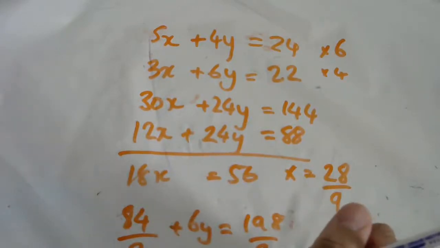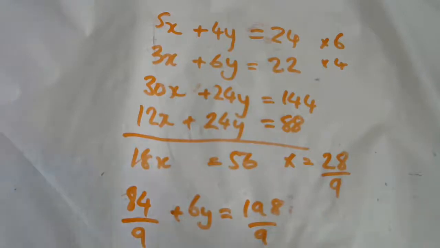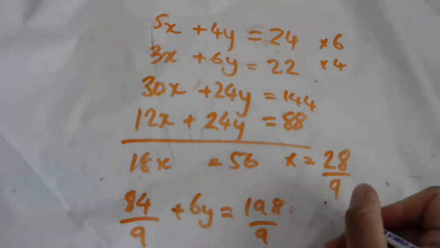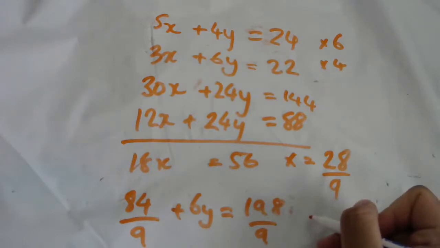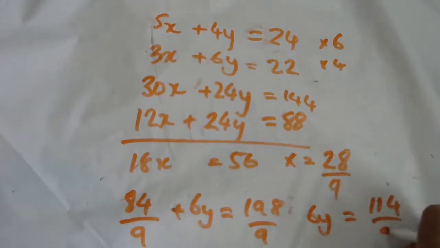So put it on the other side. I'll move this down so you can see it a little bit better. You've got 114 over 9. So 6y equals 114 over 9.